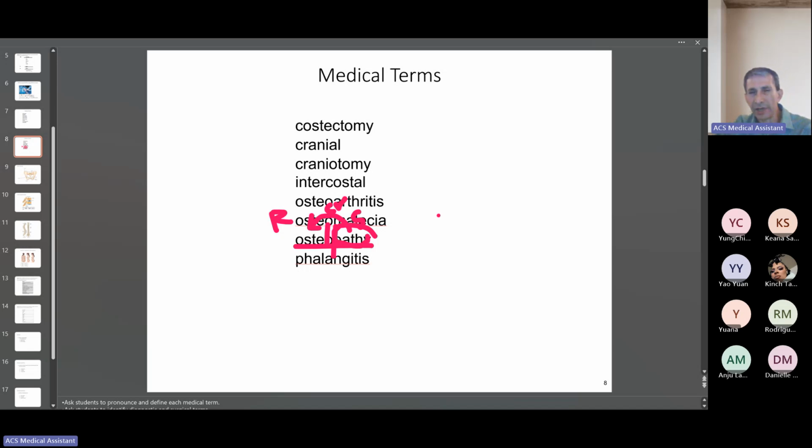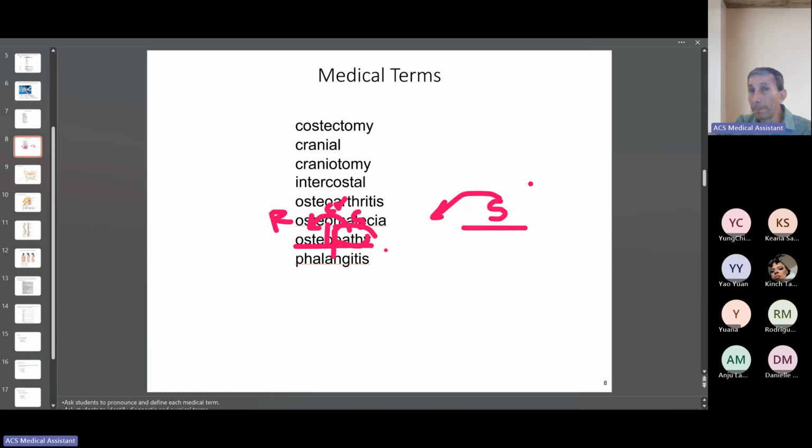Bone disease is correct. Disease of the bone is also correct. But for some terms, you cannot use this process. So usually we use the suffix. Remember, when we talk about medical terms, we start reading the medical term from the suffix backwards. That's what we have to do.